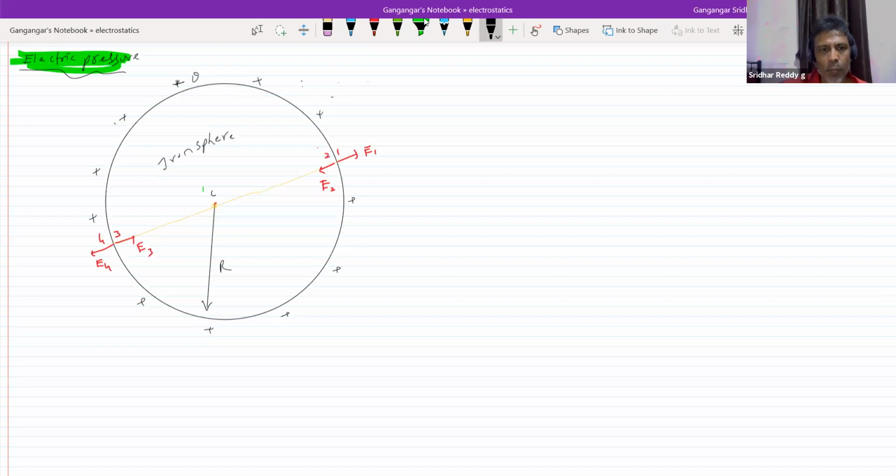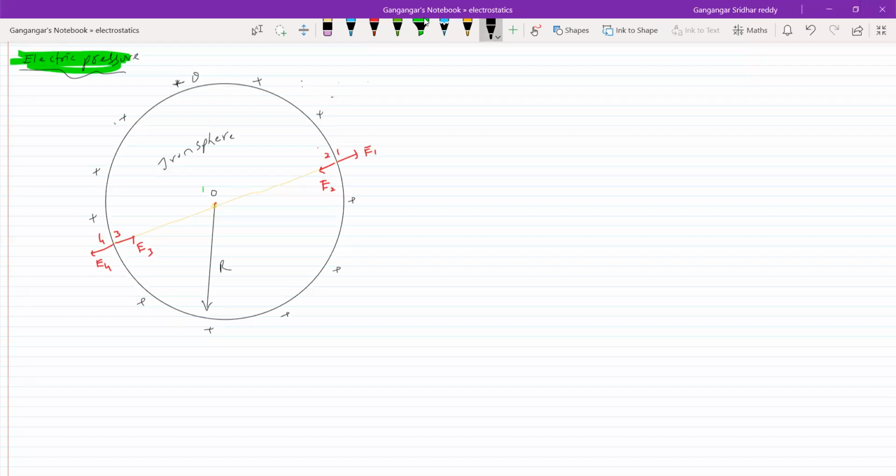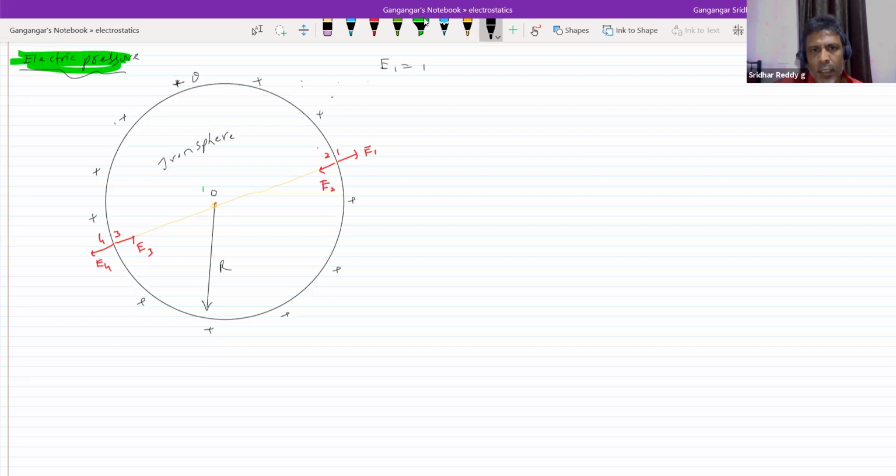Why is the field at point 0 zero? Because E2 equals E3, they're pointing equal and opposite. What about E1? E1 equals E2 equals E3 equals E4 equals sigma by 2 epsilon naught. Will you agree?